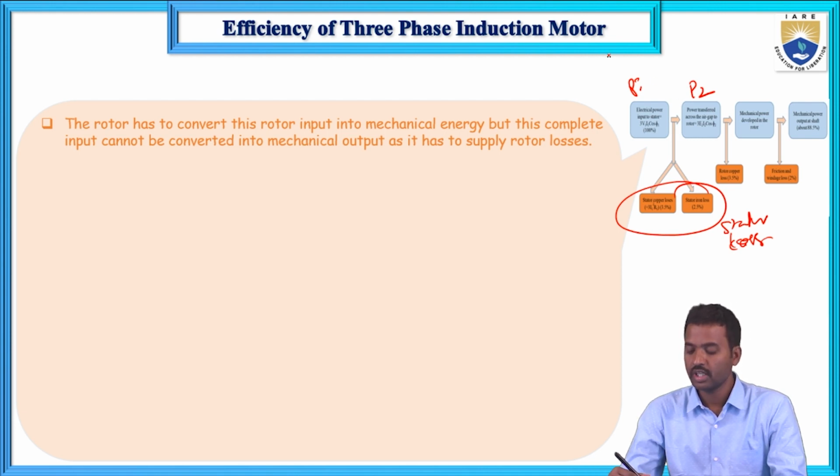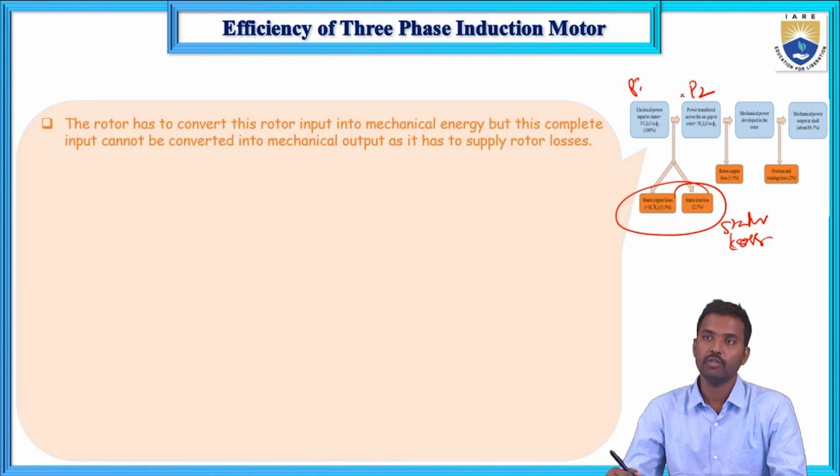In the same way, if you give the three-phase supply to the stator of the three-phase induction motor, a rotating magnetic field will be produced. According to Faraday's law of electromagnetic induction, the RMF cuts the rotor conductors and an induced EMF will be developed.